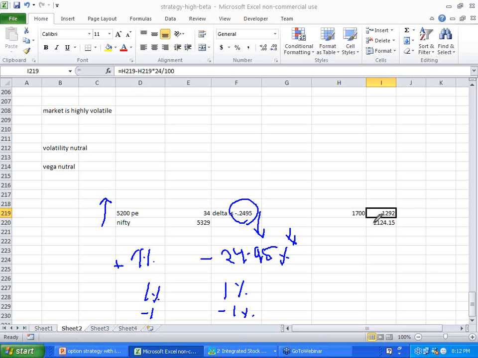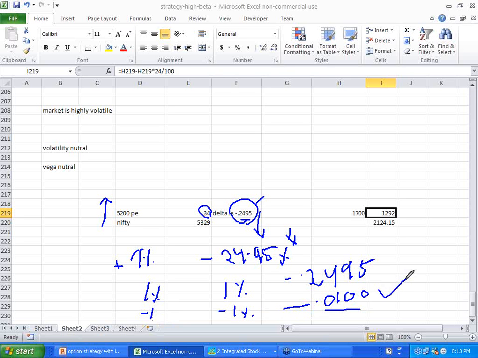So how can I do it? The option is at 34, having a delta of 0.2495. If I can reduce this delta, minus 0.2495, to minus 0.01, then I can say that if Nifty has gone up by 1%, I will lose 1%, and if Nifty has fallen by 1%, I will gain 1%.